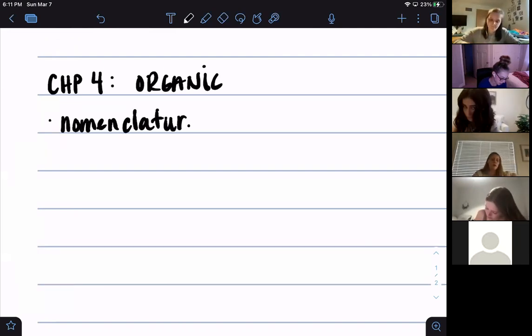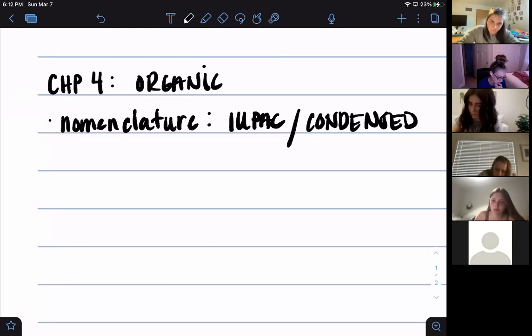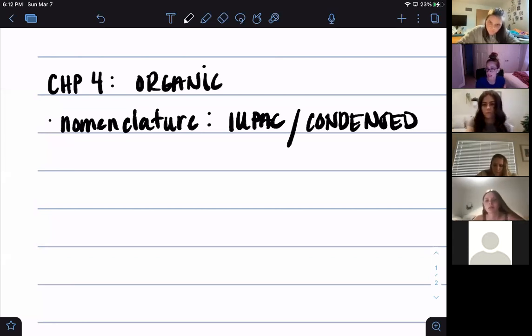Nomenclature. When I say that, I mean you need to know how to do IUPAC, which is pretty much formal naming, and then condensed.